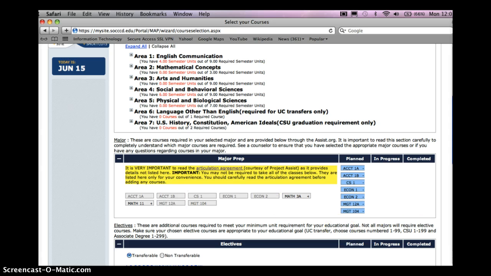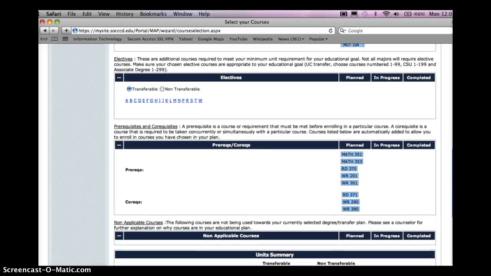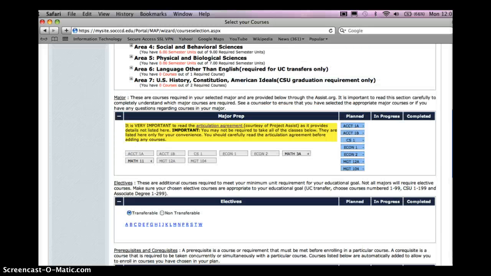So now, not only are my major prep courses populated there, but you'll see my prereqs and co-reqs are also populated there. The math courses that I described, as well as the reading and writing courses I described. Another portion, and why I waited before adding the math courses, this is a good example of why we say not to just automatically add everything that's listed under major prep.